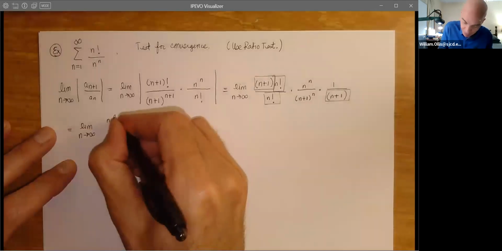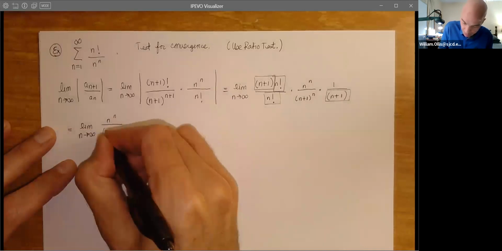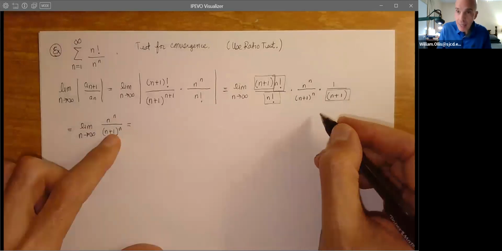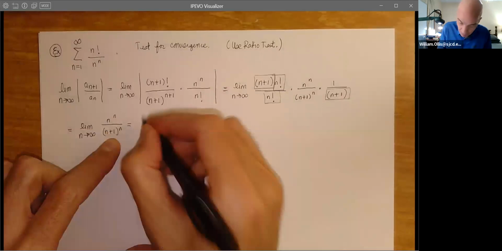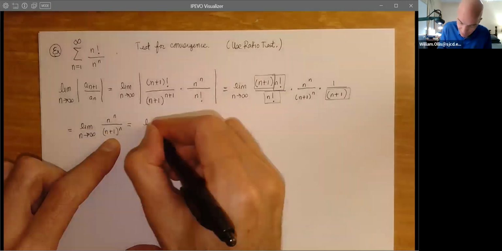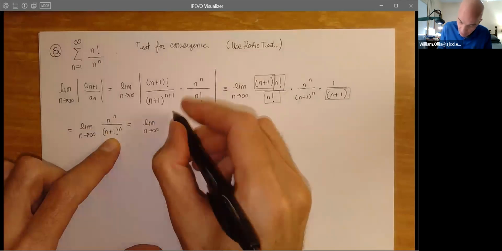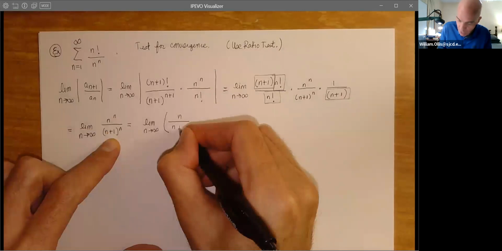So this is the same umbrella type thing we had before. So all of the other riffraff is gone. And so we can write this as under the umbrella of n, so to speak. So this is the limit as n approaches infinity of n over n plus 1 to the n.